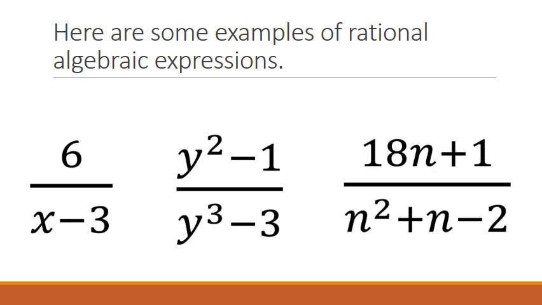We can observe that all these three examples are in the form P over Q. The numerators are 6, y squared minus 1, and 18n plus 1, while the denominators are x minus 3, y cubed minus 3, and n squared plus n minus 2, respectively.